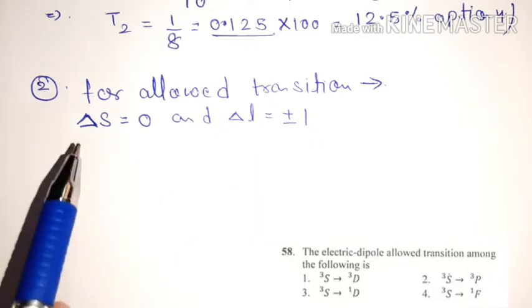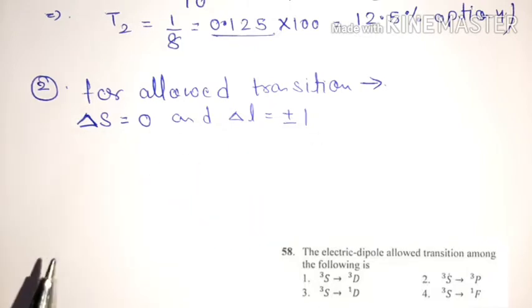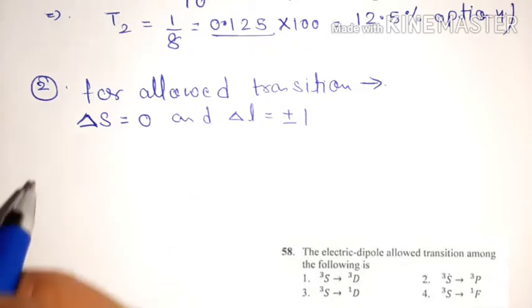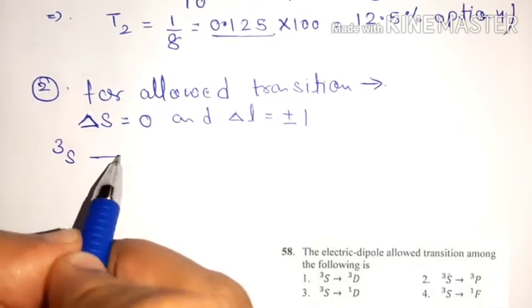So you can check these two selection rules in your following options. Those options which follow these 2 selection rules are allowed transitions. Understand? So according to this rule, your option number second, that is 3S to 3P.